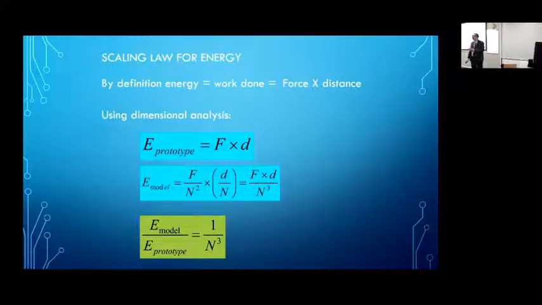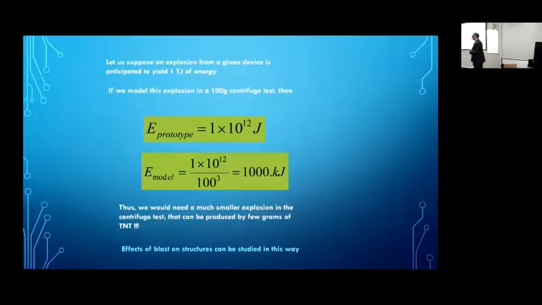So for any parameter you want, we can easily derive the scaling laws and be able to link what we see in the model to the prototype. So energy scales as 1/n cubed. This is also quite useful. If you want to test things where energy is a key component, explosions, earthquakes, those kinds of things, where a lot of energy is required.